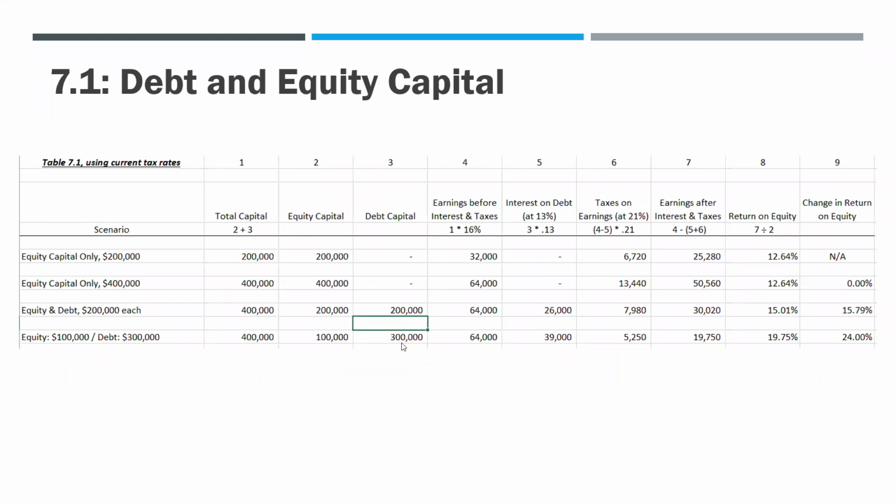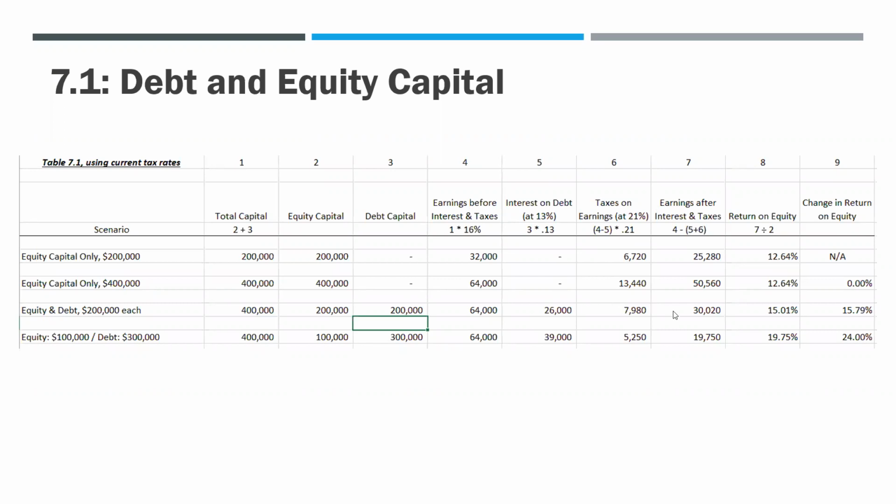For scenario 4, that 13% is figured on 300,000 instead, meaning more interest expense. So you can see the corresponding taxes on the earnings. In determining our taxes, we would take our earnings before interest and taxes, subtract the interest on our debt, and that remaining amount would be subject to taxes at 21%.